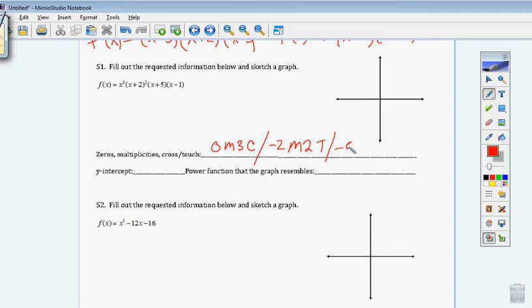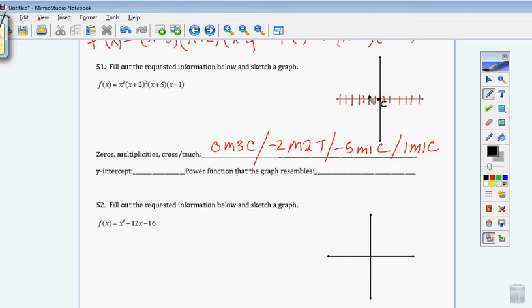And then we have -5, multiplicity of 1, cross, and a 1, multiplicity of 1, cross. So filling those out here on our graph, we should be able to determine the shape of this polynomial function. Okay, so now we go to 0 right here, and we're going to cross, so I like putting a little c there.